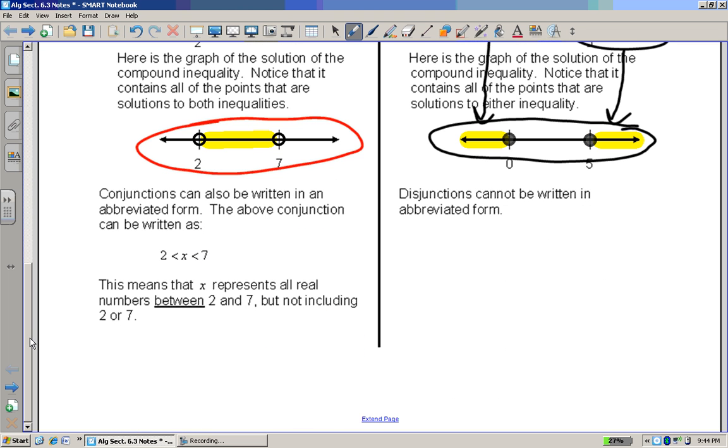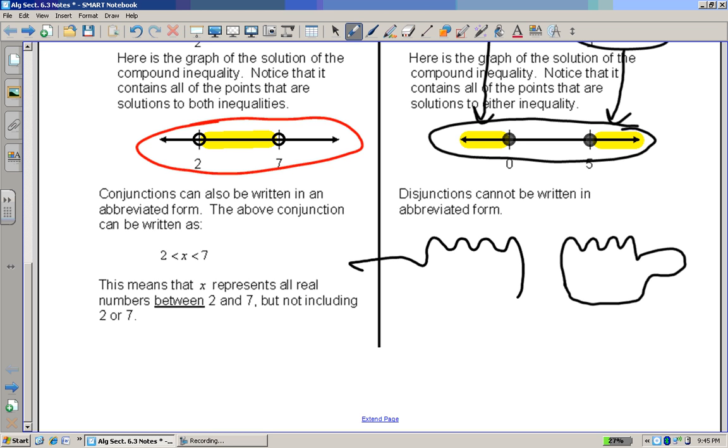Now, students in the past have liked to, if you will, sort of do their thumbs. My beautiful picture of a thumb here. Wow.